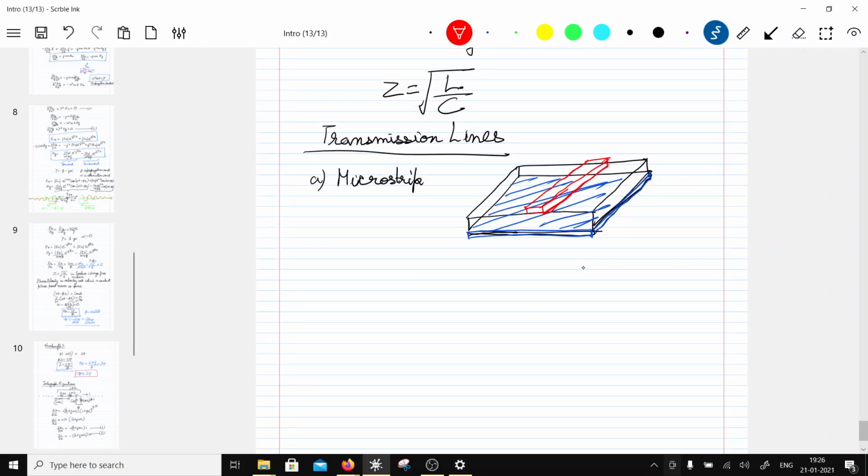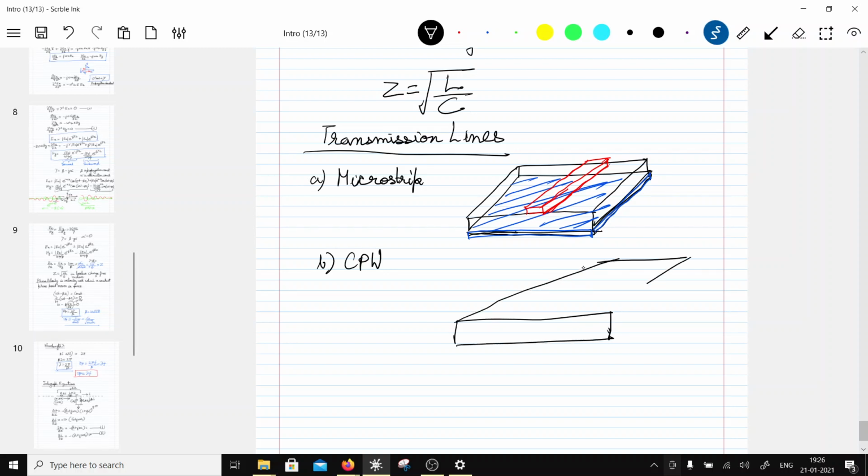And then you have another line which is called CPW, or coplanar waveguide, in which case there is a substrate, but unlike the microstrip, let me draw a substrate like this. And then there is a line, let's say like this.